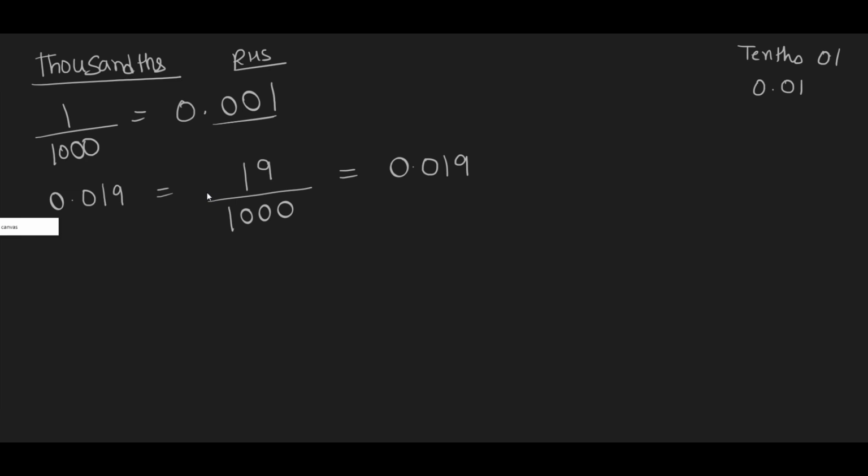So now some important things to note here, children. Our decimal has two parts. And what are those parts? Suppose you have a decimal 43.692.